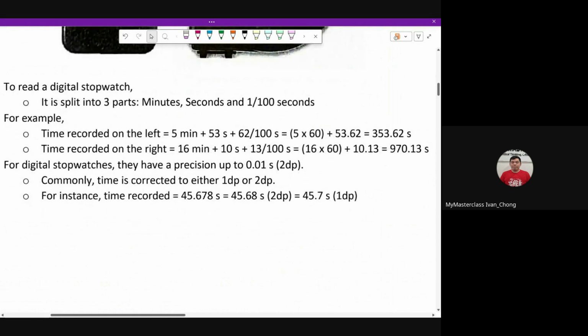So because of this, do take note. And for this precision up to 0.01, so either 1 decimal or 2 decimal places, you need to double check with your school which one you use. Check with school. Okay, so if you're not sure, you can always use 1 decimal place.